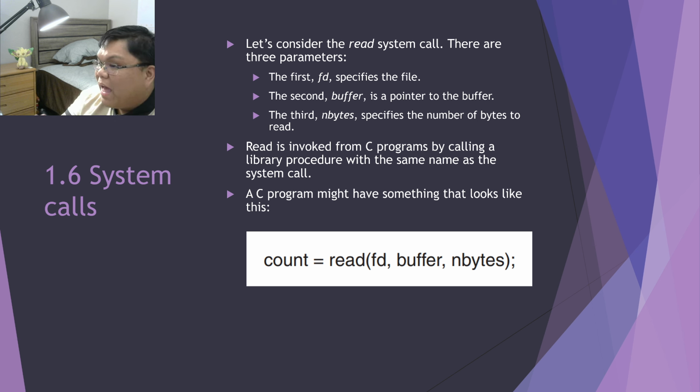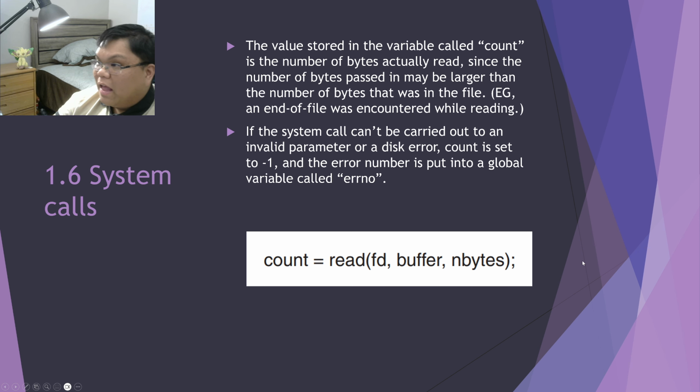We could have a C program that has this line of code, though technically it would be converted into machine code, but for ease of understanding, it's going to execute this line of code as it is, with the high level terms. Read is going to return a value, and that value is the number of bytes that was actually read.